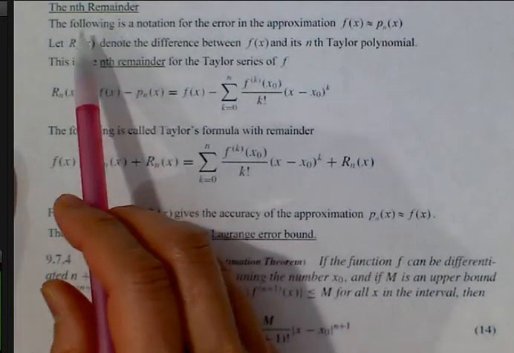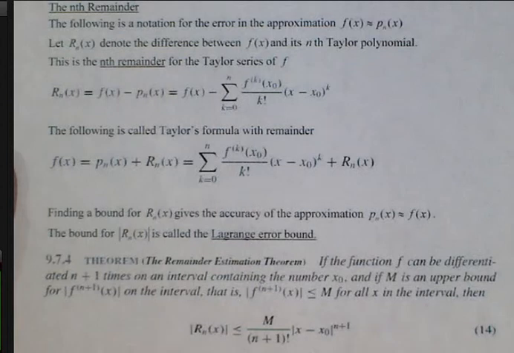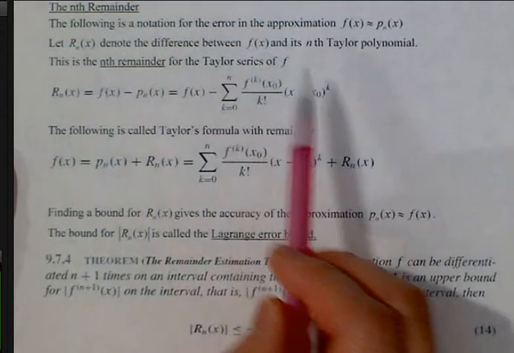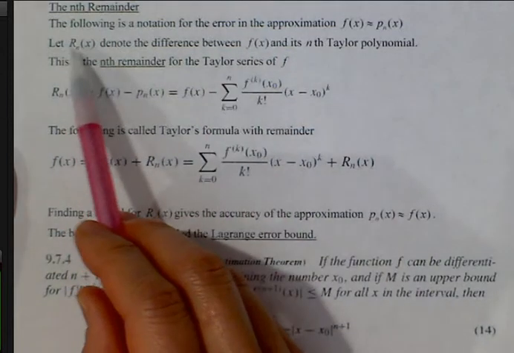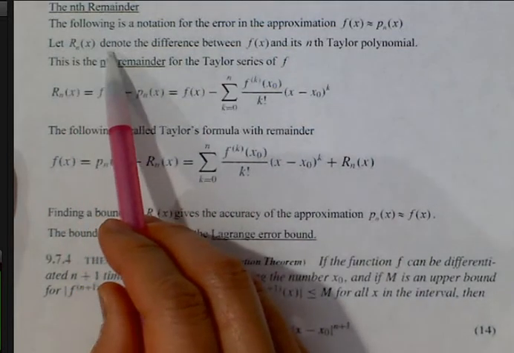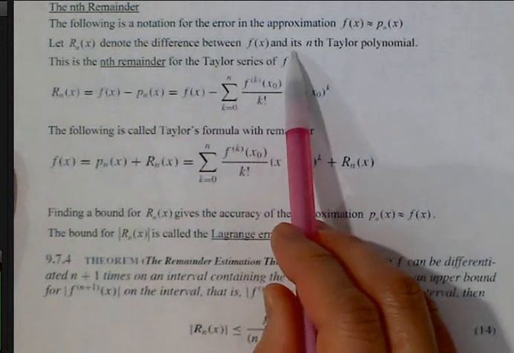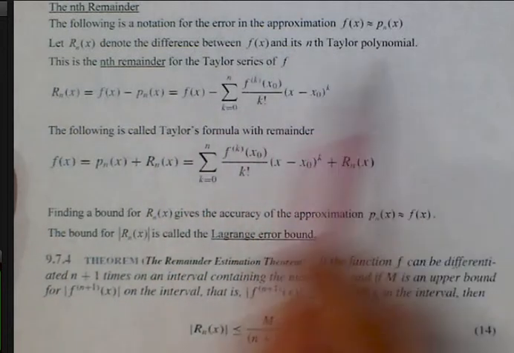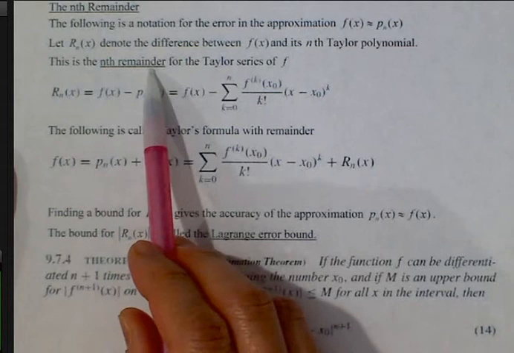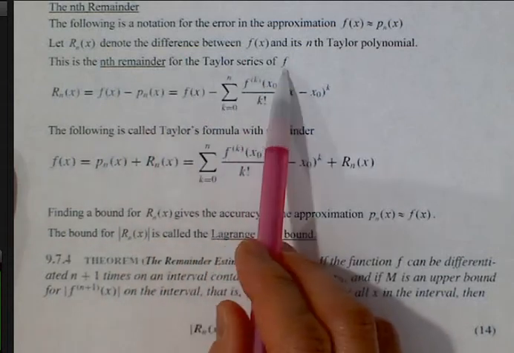The following is a notation for the error in the approximation of f of x is approximately p sub n of x. So the error is: let r sub n denote the difference between f of x and its nth Taylor polynomial. So this is the nth remainder for the Taylor series of f.